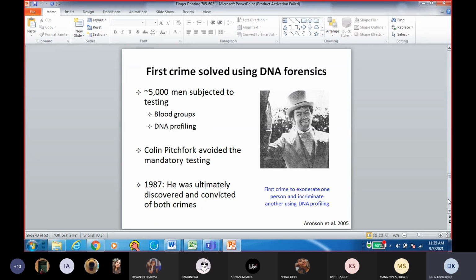Because he had low IQ and extreme pressures, that guy probably confessed to the crime. We still don't know, but of course, from 1983 to now, a lot of legal changes have happened, and so nobody can force you to confess your crime.